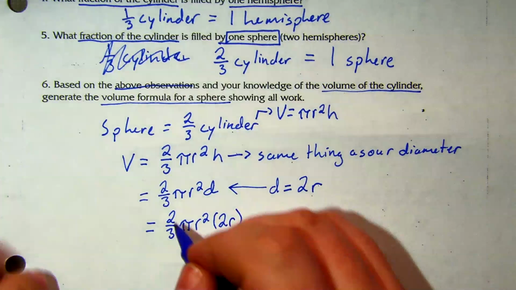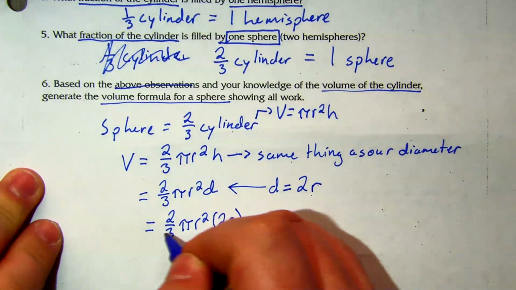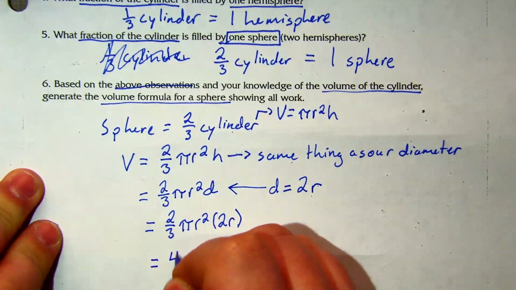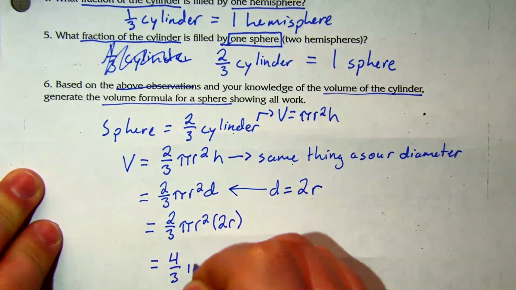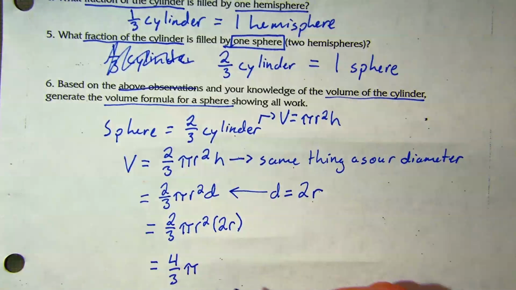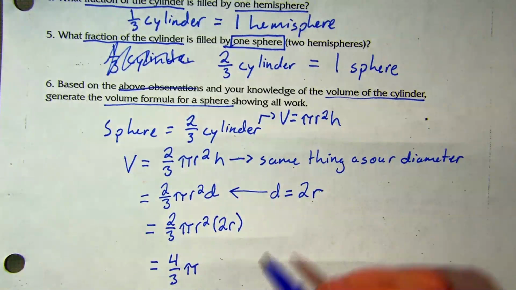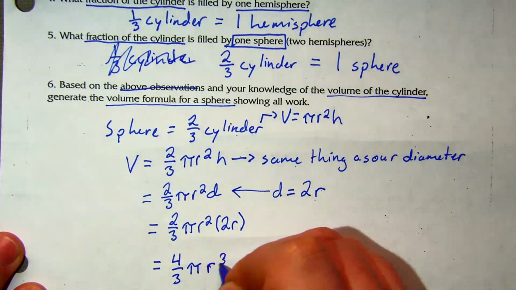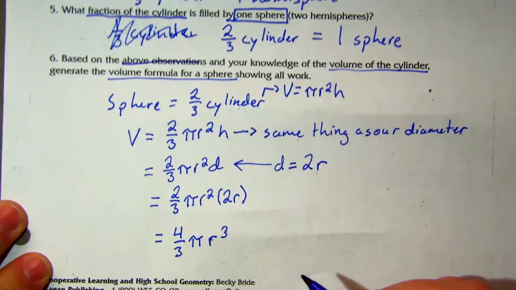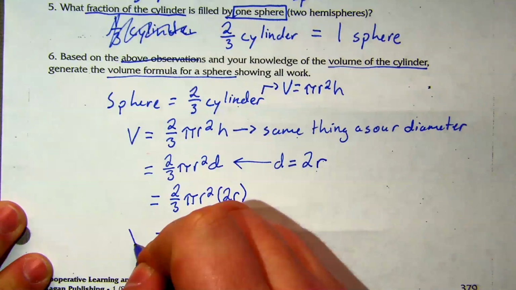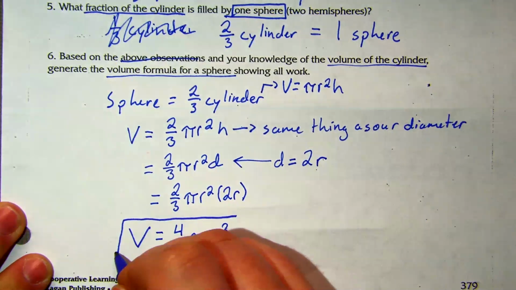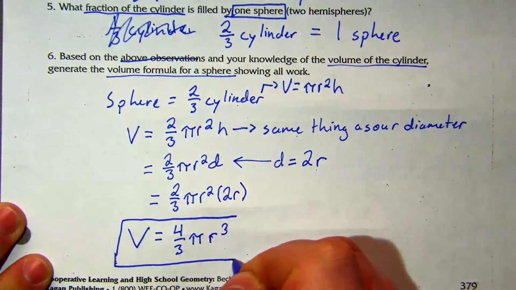So we can take our 2/3 and multiply that by 2. That gives us 4/3 pi. And then we can take r squared and multiply it by r to get r cubed. So our volume formula for a sphere, V equals 4/3 pi r cubed.